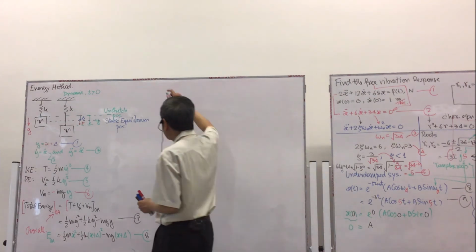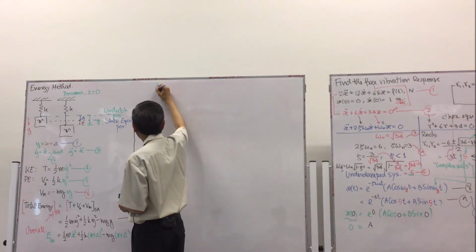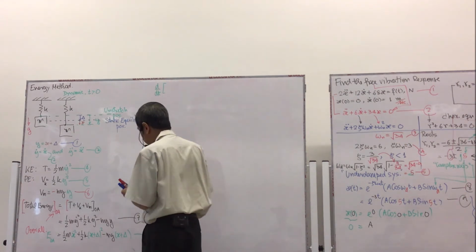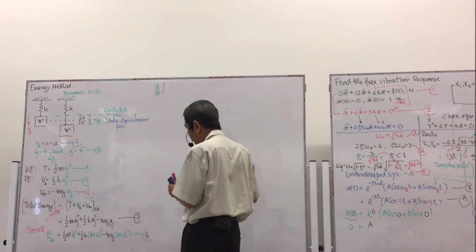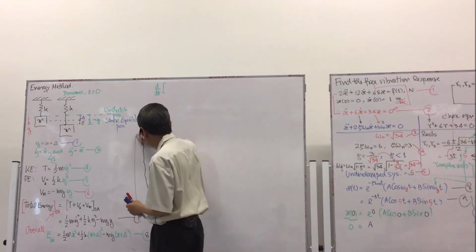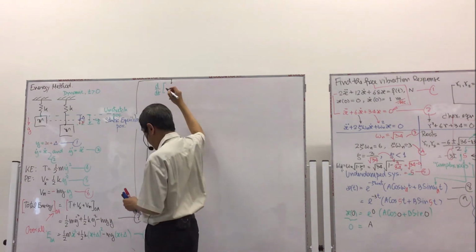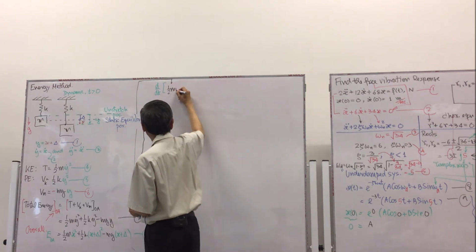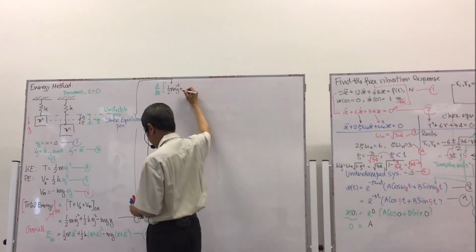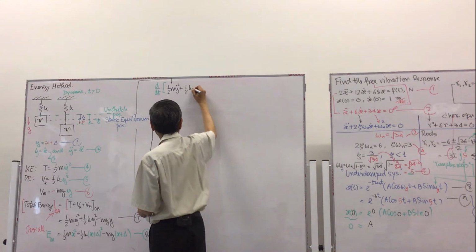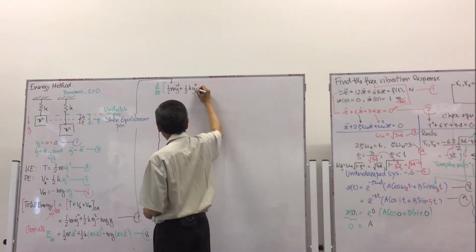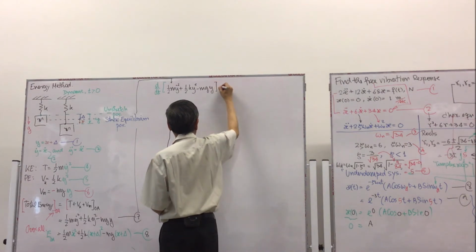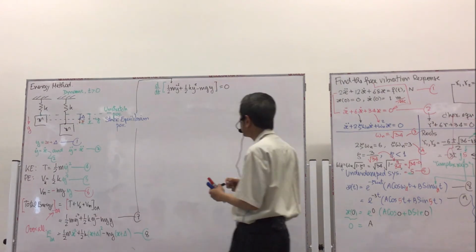If we use the energy method, we take the derivative with respect to time of the overall energy. I take equation 7, which is easier for me to differentiate: 1/2 m y dot squared plus 1/2 k y squared minus m g y, and the right side is 0.